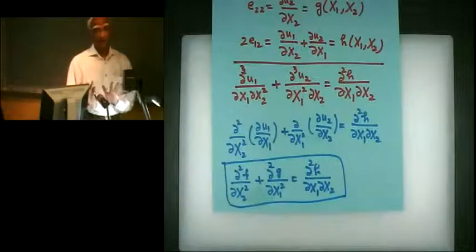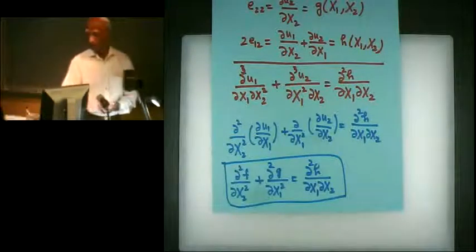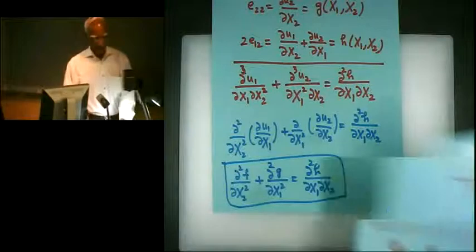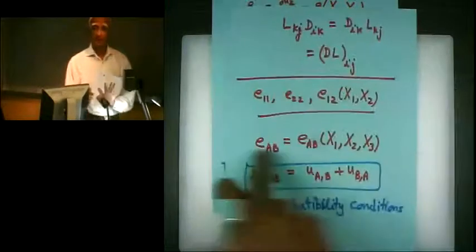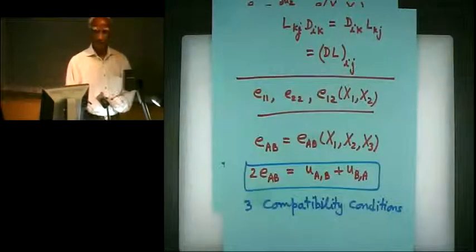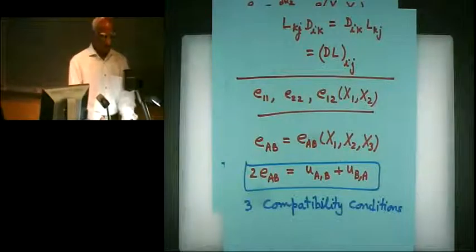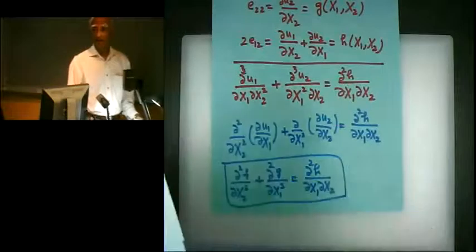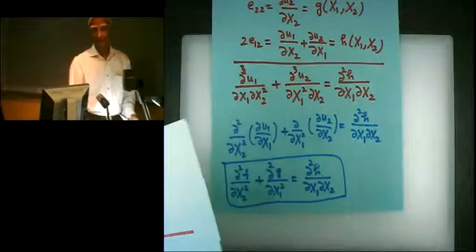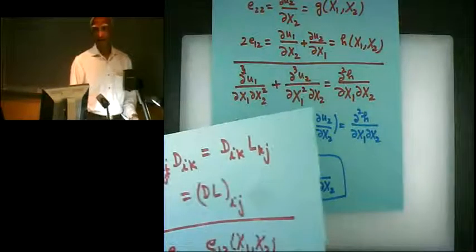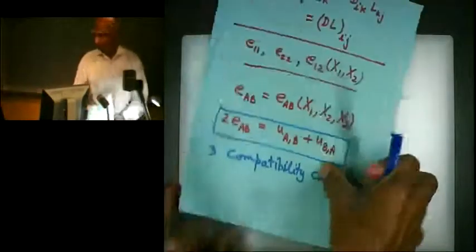Now for the general case, deriving the 3 compatibility conditions from these 6 equations is non-trivial. We could play with something like what we did, but it will take us a while, and we don't know whether we will come up with those 3 conditions or not.